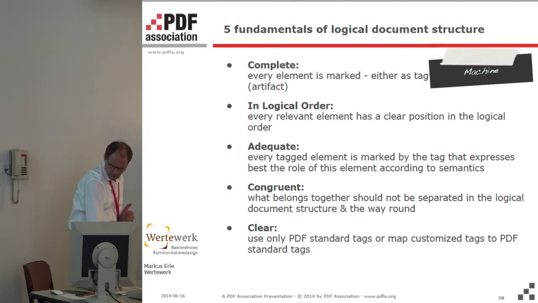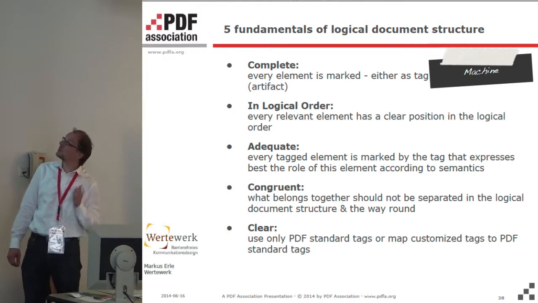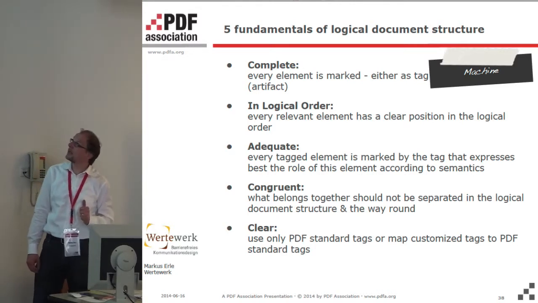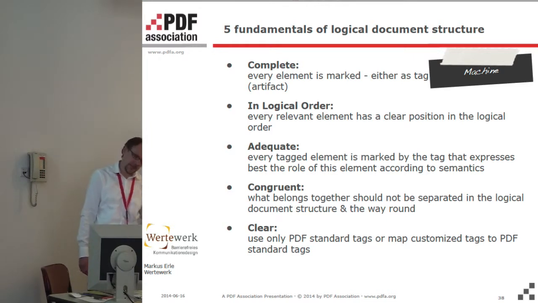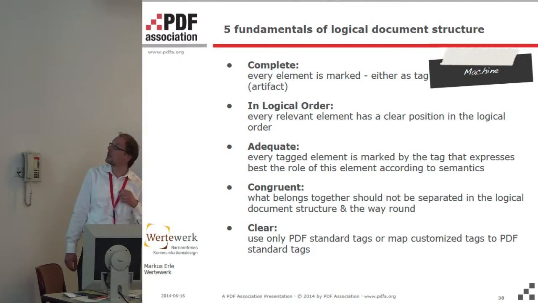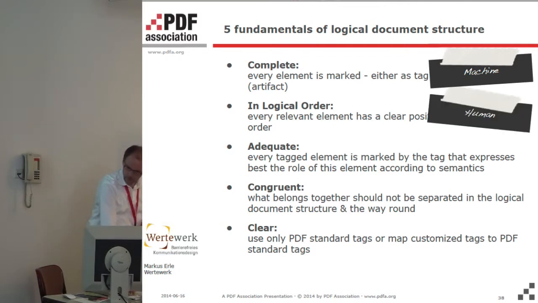And if you want to check these fundamentals of the logical document structure, or at least some requirements of it, you can do this by a machine check. For the fundamental complete, you can check it by machine.